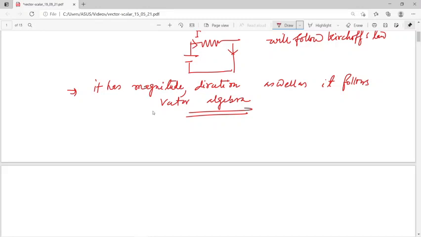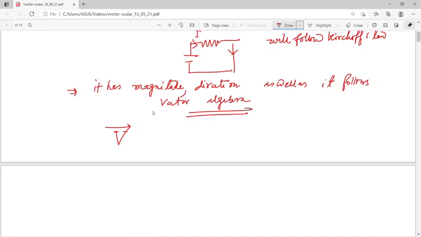A vector is represented by some letter, you can name any letter, and we represent it with an arrow. In some books it is represented with bold, but we represent it using an arrow sign.